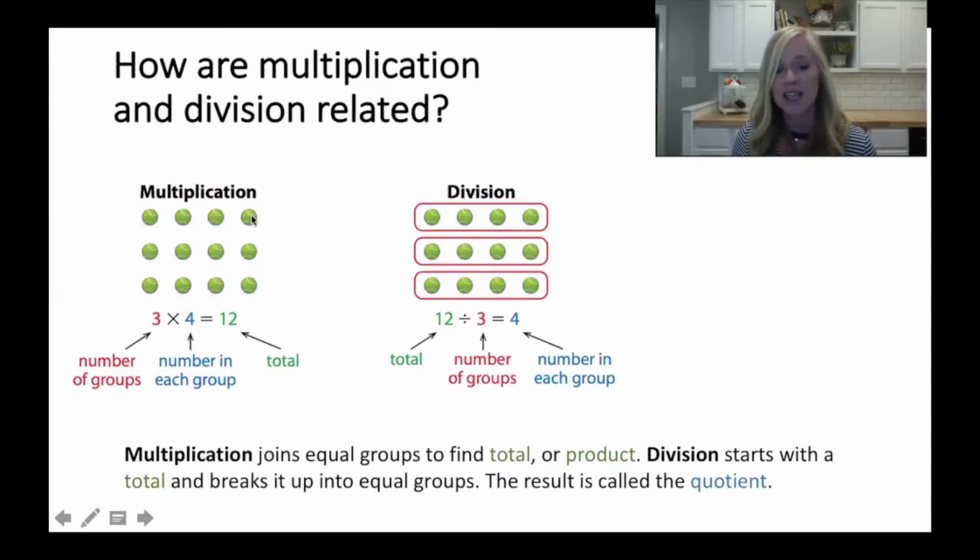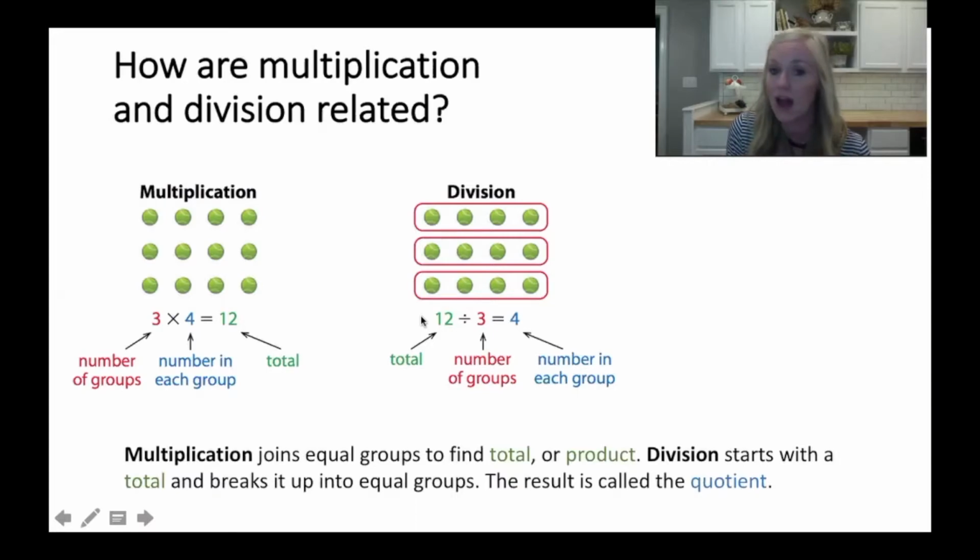So all we did in that picture was just joining those equal groups to find our total or our product. Now, when we take a look at this picture over here, our division, we see that we have the same picture. We have 3 groups still, and in each of those groups are the 4 tennis balls. Now, the big thing that I noticed that's a little bit different is in division, we start with our total.